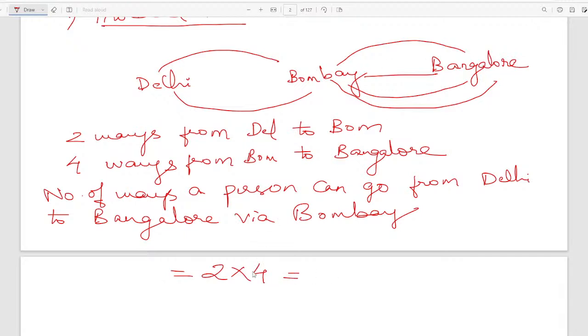So 2 4s are 8. There are 8 ways for a person to go from Delhi to Bangalore via Bombay. This is the product rule.